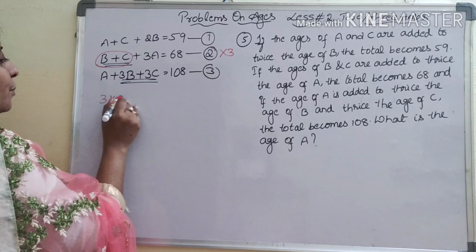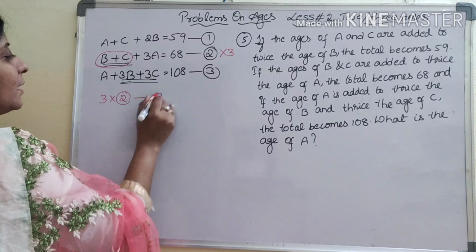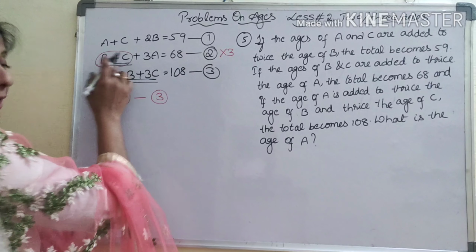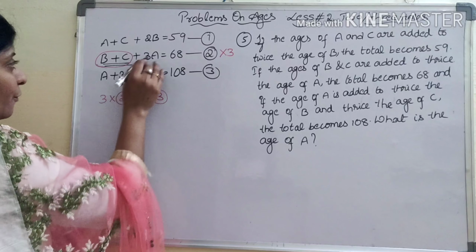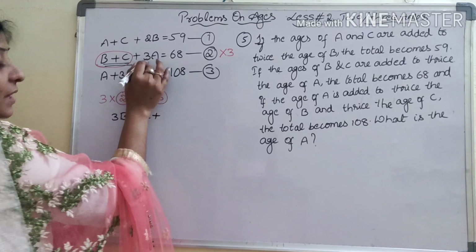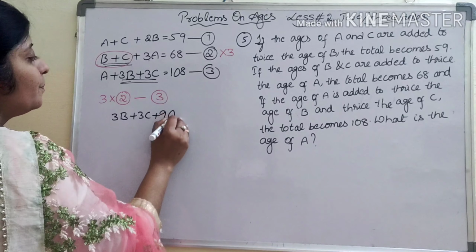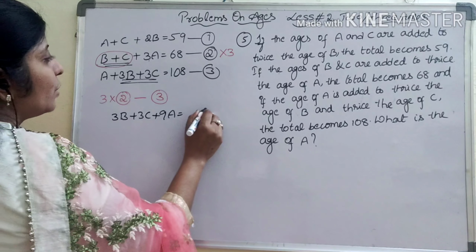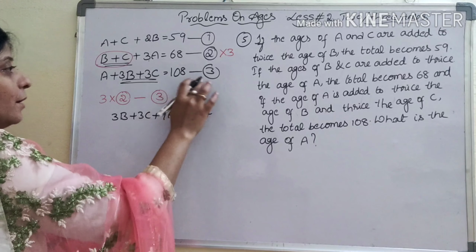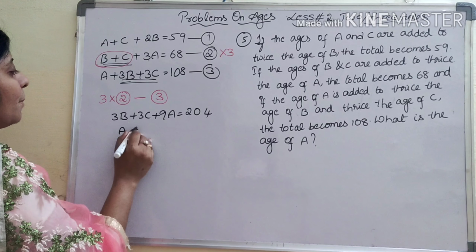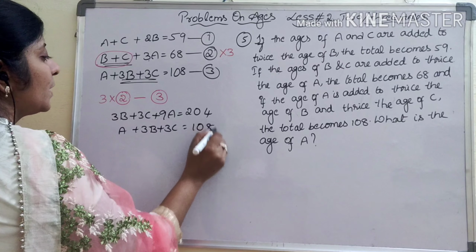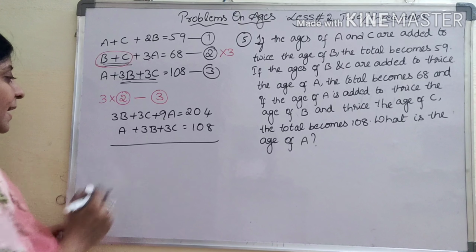So let us write the second equation multiplied by 3. First 3B plus 3C plus 3 times 3A, 9A, equals 204. Next, the third equation is A plus 3B plus 3C, which is 108. So we have to subtract these.